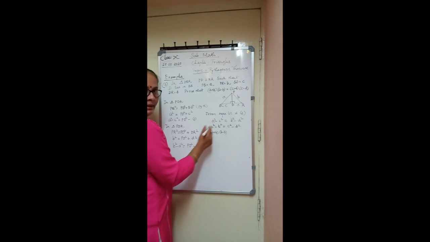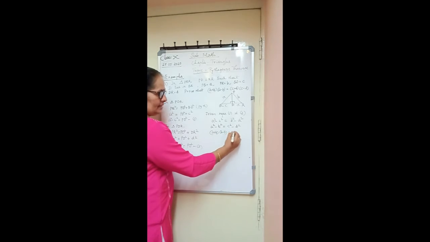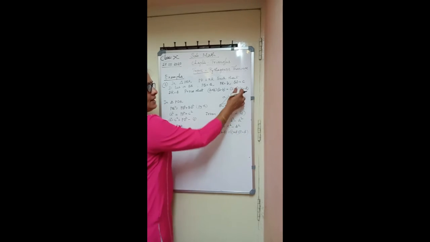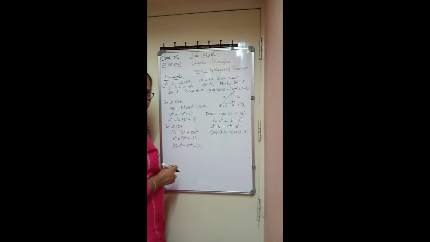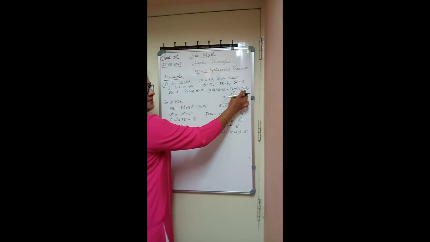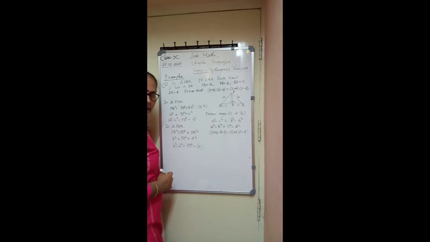What is c square minus d square? (c plus d) into (c minus d), which is the required proof. See here, so (a plus b) into (a minus b) equals (c plus d) into (c minus d). Only thing, we are applying Pythagoras theorem.